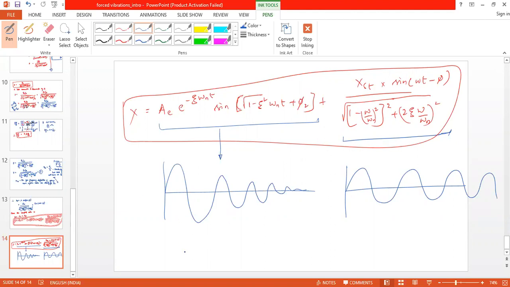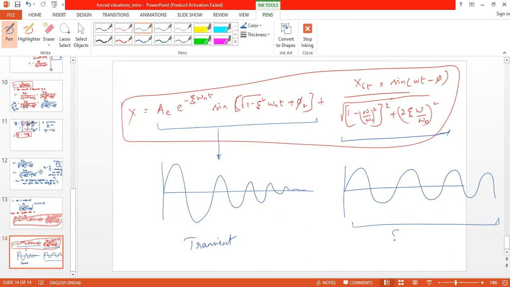So this type of behavior can be called transient vibration, and this is known as steady state vibration. The transient vibration will die down after some time, whereas the steady state vibration will be continuous as long as the forcing function is active.